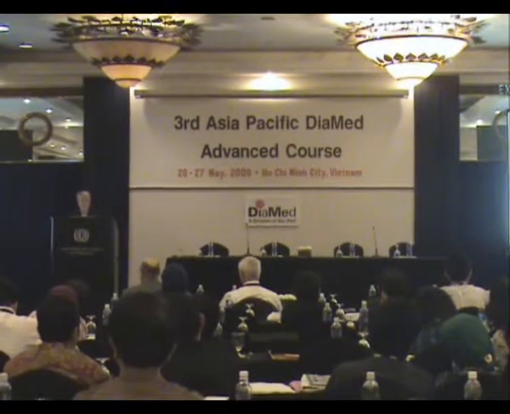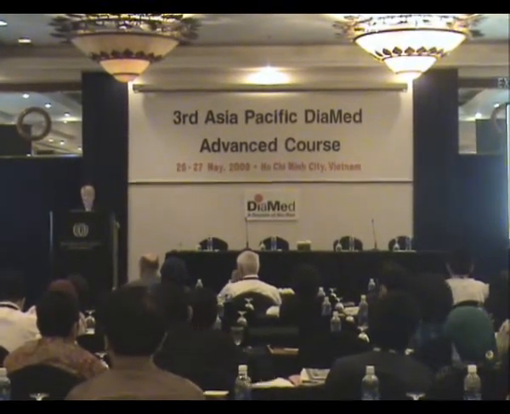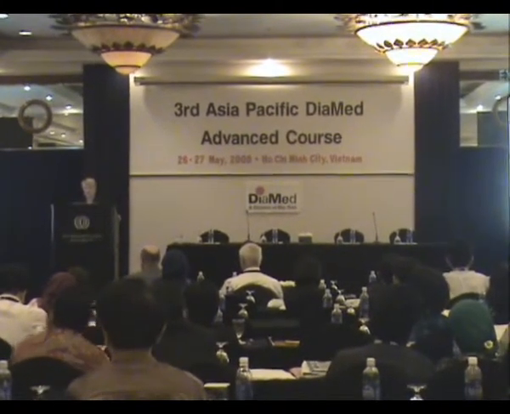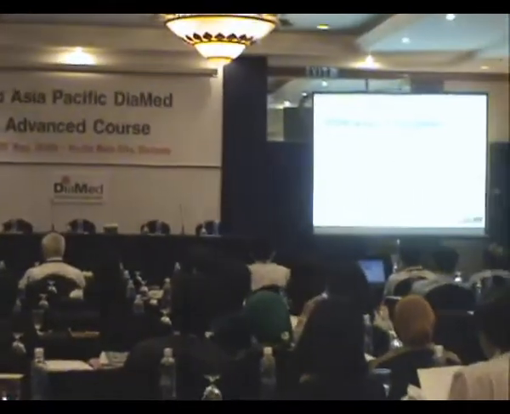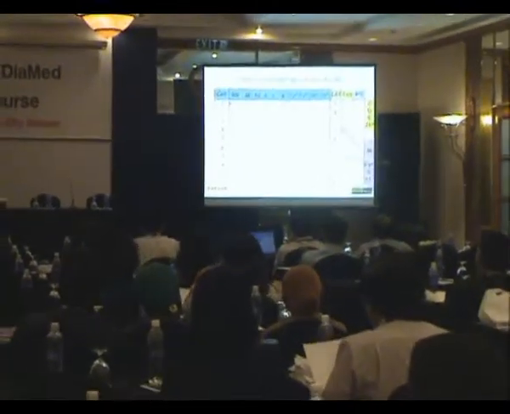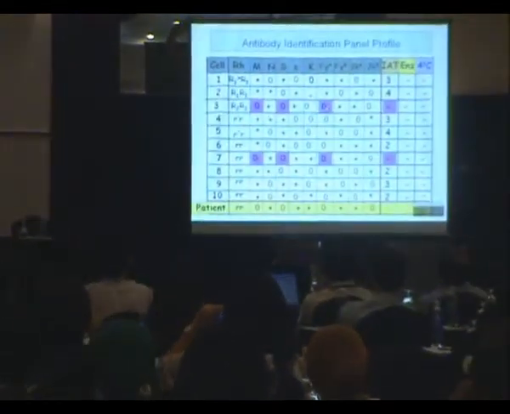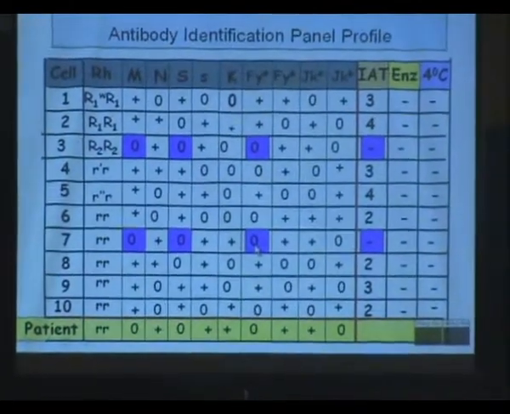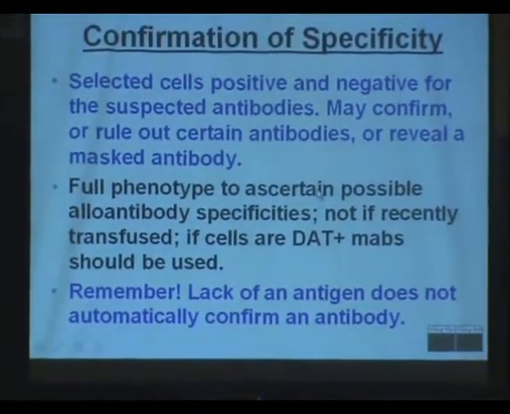This antibody is likely to be within the Rh system or the Kidd system. We can see these two negatives are also M negative. But what about Fya and S? Are they a possibility perhaps? Well, in actual fact, these two cells are negative for S and for Fya. So we need to confirm the specificity.